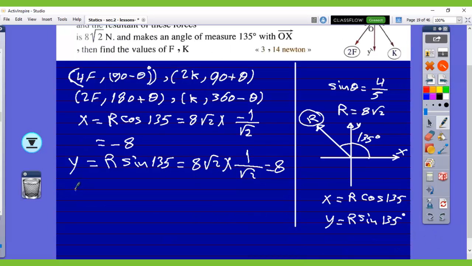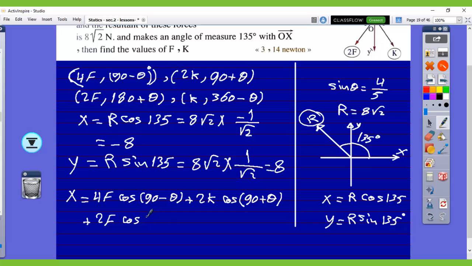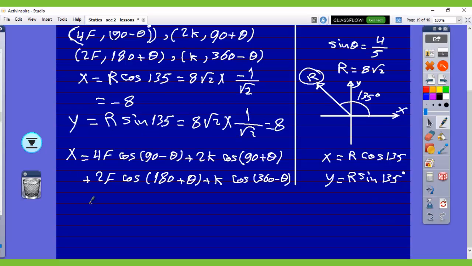So we have x, the sum of all components in the direction of the x-axis from the polar form, equals 4F cosine 90 minus theta plus 2K cosine 90 plus theta plus 2F cosine 180 plus theta plus K cosine 360 minus theta. This is x, and we can substitute cosine 90 minus theta.